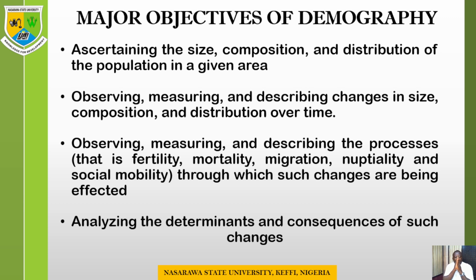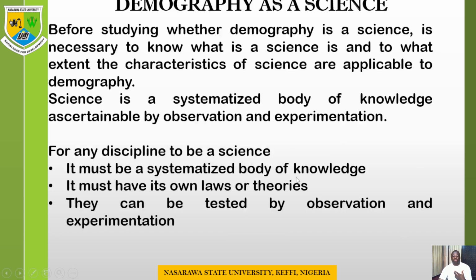We are also interested in observing and measuring the determinants and the changes in size, composition, and distribution over time, and in observing, measuring, and describing the processes of population: fertility, mortality, migration, and social mobility. Then we are also interested in the determinants and consequences of such changes.